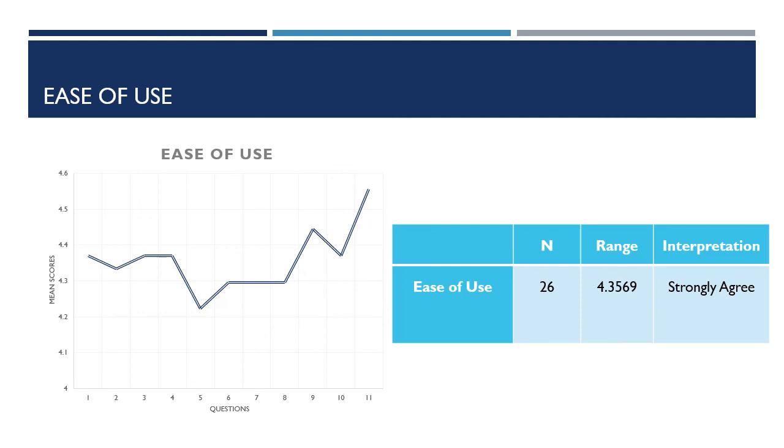On ease of use, we asked 11 questions of the 26 respondents, and we came up with an average mean of 4.3569, which is also interpreted as strongly agree.